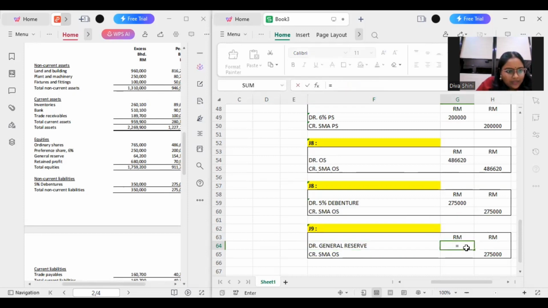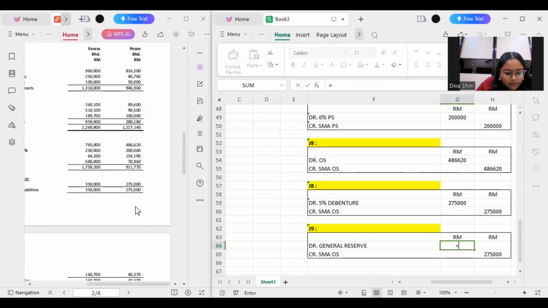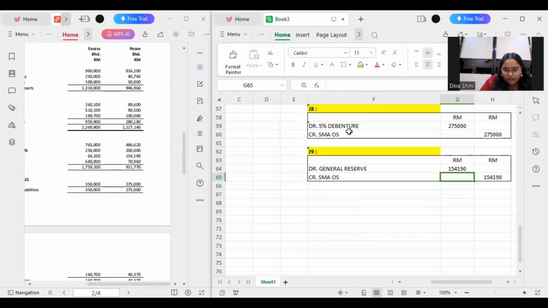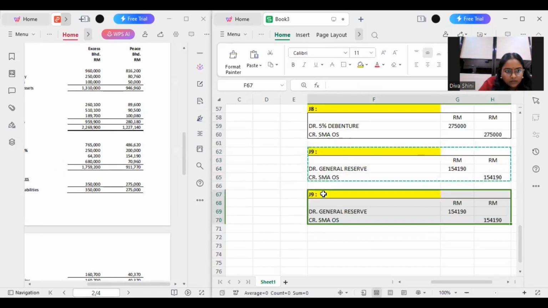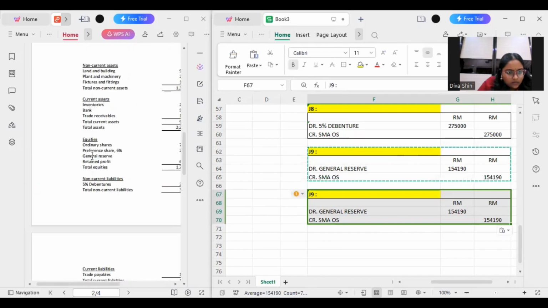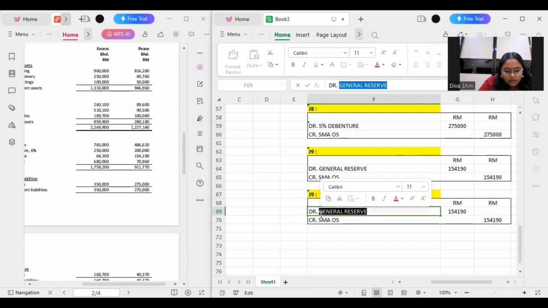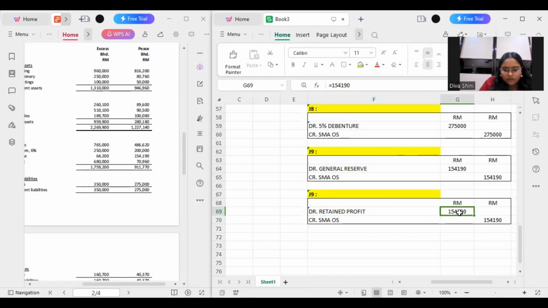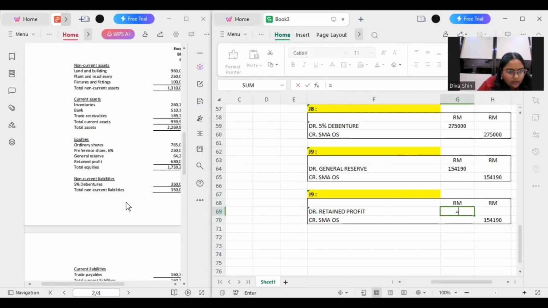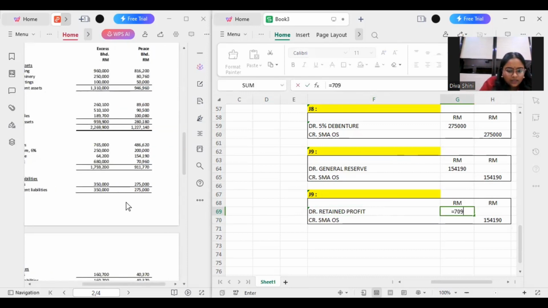So the amount is 154,190. And continue with journal 10. So the general reserve, it is a retained profit. So the amount of retained profit is 7,960.